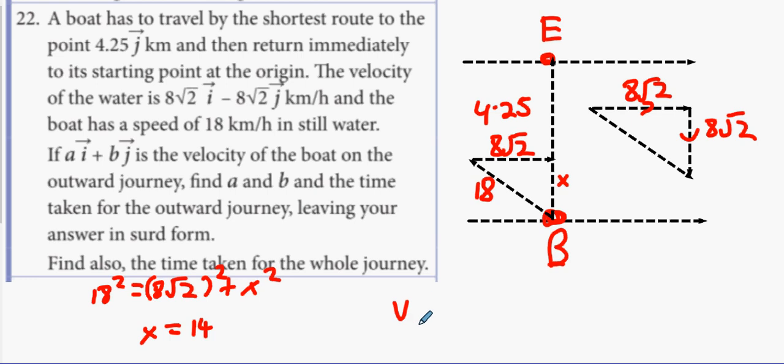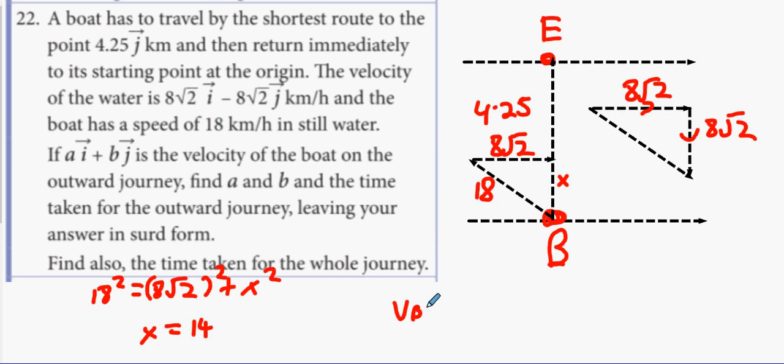For the velocity of the boat on the outward journey. So just give me a sec. Here's an interesting one, alright? The velocity of the boat. We've actually just gotten the velocity of the boat in the water, didn't we?